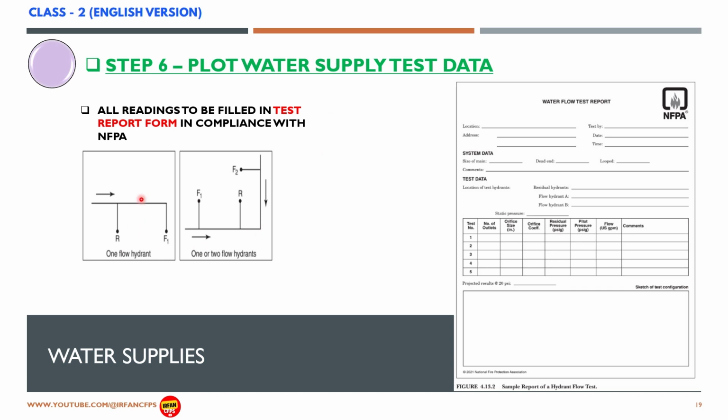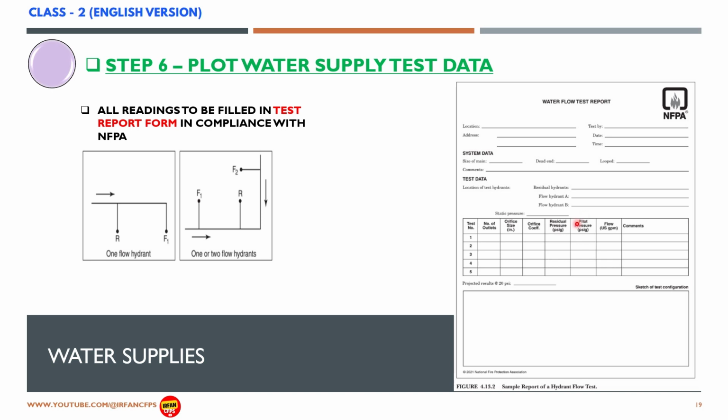Since we considered one flow hydrant, one is flow hydrant, the other is residual hydrant, we will note down the complete data here. Test number 1, number of outlets are 1, orifice size is 2.5 inch, orifice coefficient we considered as 0.75, let's say, and residual pressure, let's say we got as 55 psi.